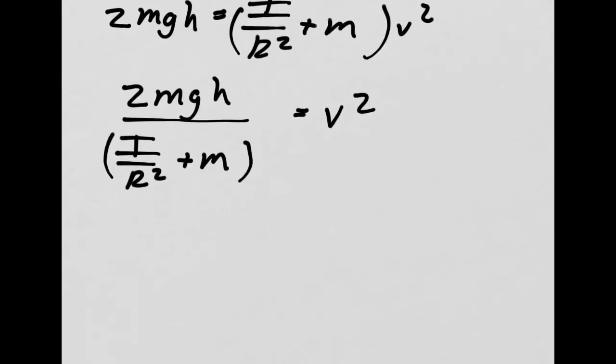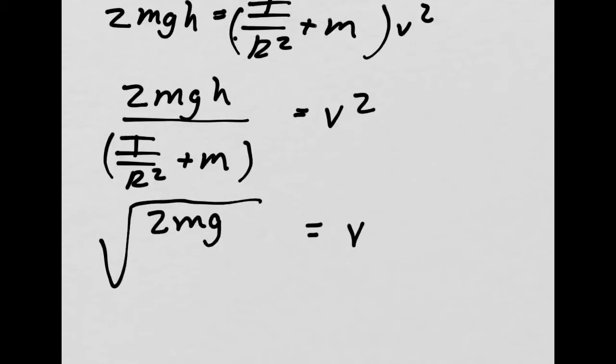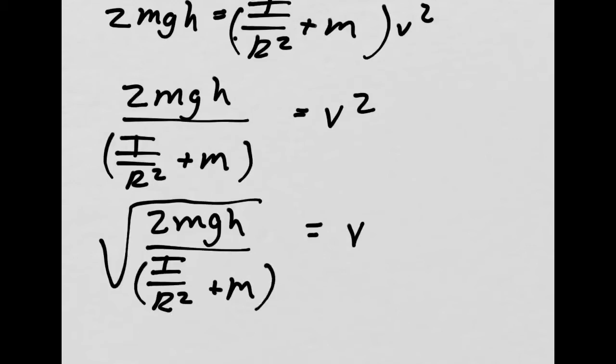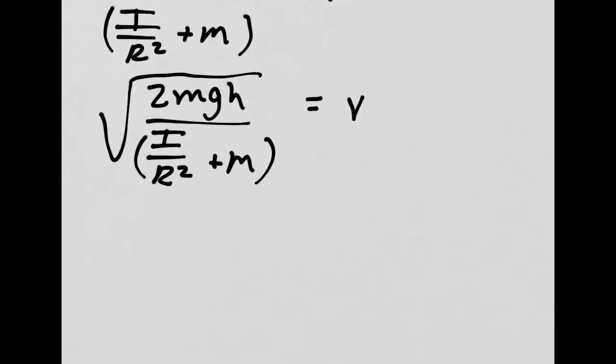So we take the square root, v is the square root of 2mgh over (I over R squared plus m). This looks very complicated, but it's because we haven't plugged in I. Each object has a different I. So let's go through our objects in our race.